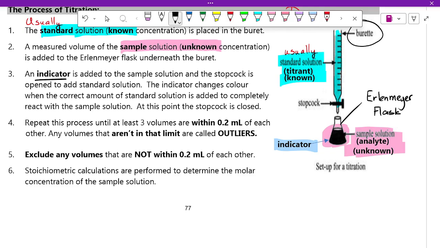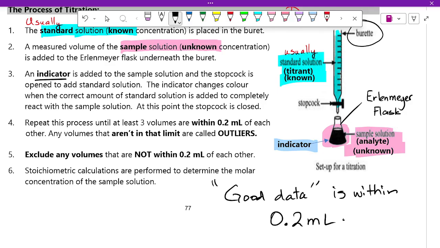And good data for the purposes of Chemistry 12 is within 0.2 milliliters of each other.